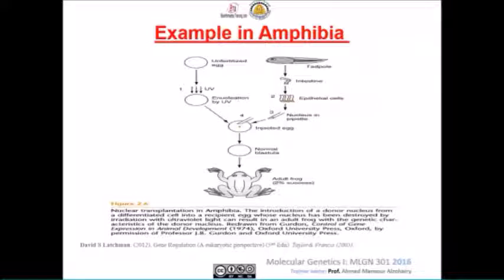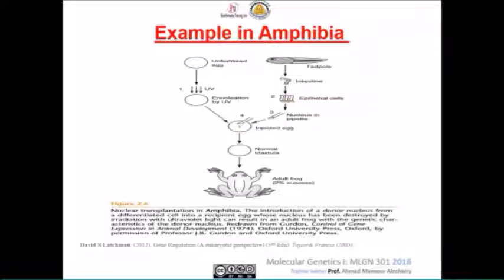This phenomenon has also been observed in Amphibia. If you take a nucleus from a specialized cell into an unfertilized egg whose own nucleus you removed by UV, this nucleus from the differentiated cell can be placed there and give another copy of that organism. Actually, this is the idea of cloning, which was used in 1997 by scientists to produce Dolly the sheep.